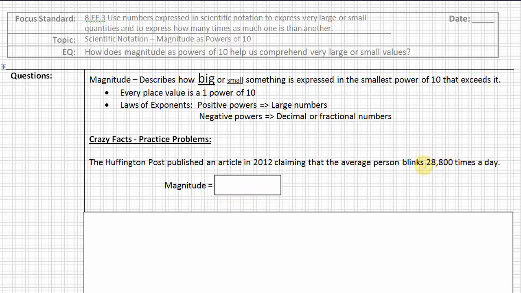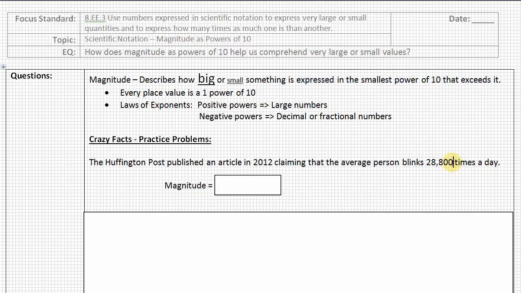So while this number is something that we might be able to relate to, okay, it is a big number, it's in the 10,000s, we're going to practice here. So we want to determine what is the magnitude of 28,800. So we're looking for the smallest power of 10 that exceeds it. So in other words, how many place values? So it's going to be represented as a power of 10.